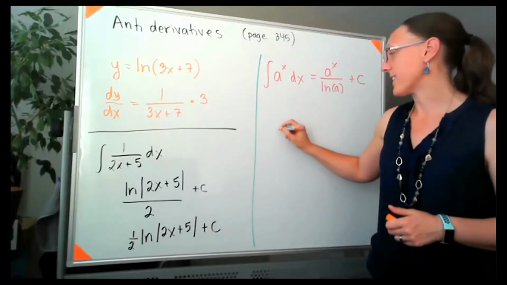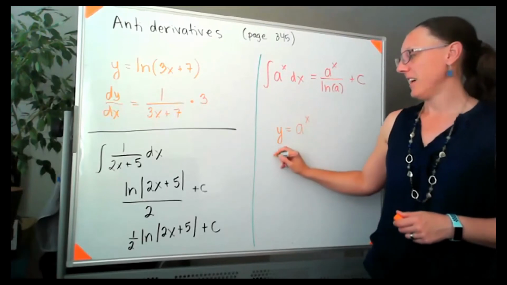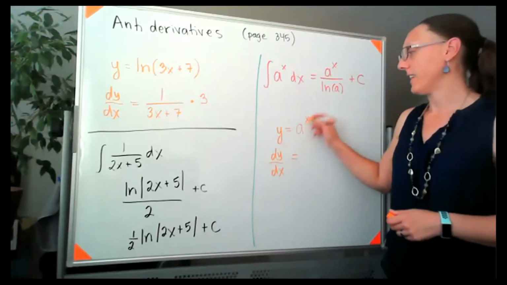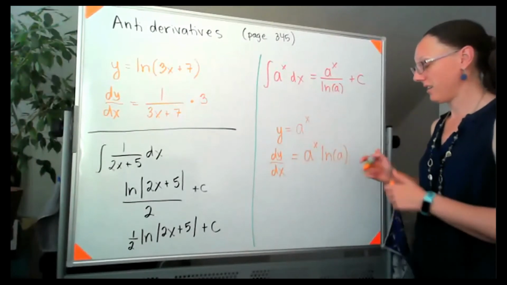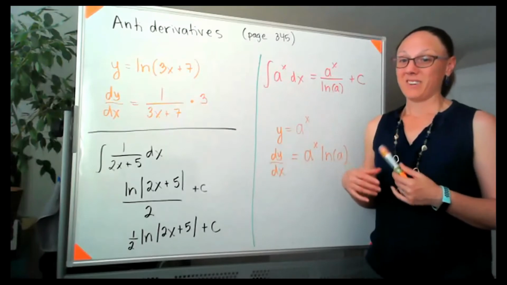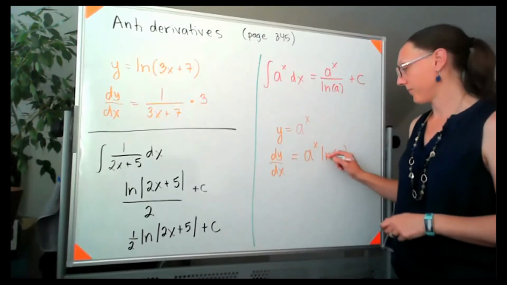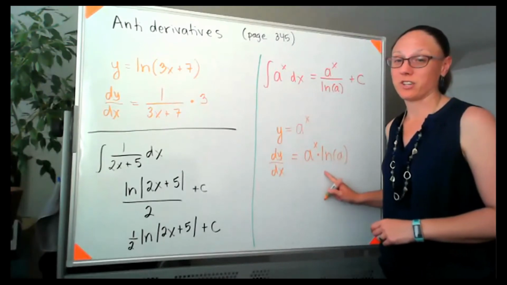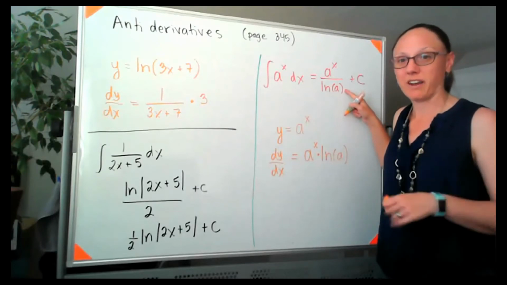So if y is equal to a to the x, then when we take the derivative and get our dy dx going, this derivative was a to the x times natural log of a. And just as a general thing to help you remember it, if we were going to multiply by a number when we took the derivative, then when we take the antiderivative, we're usually dividing by that number.